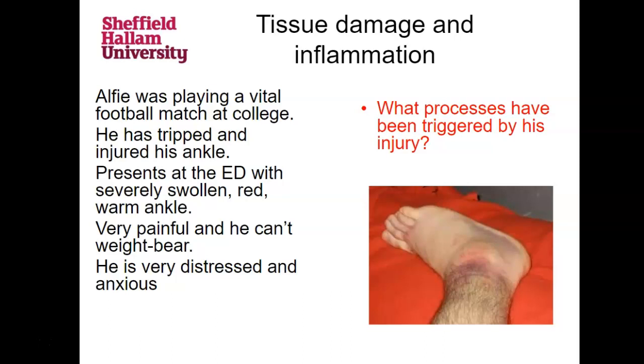So that would indicate to us as healthcare professionals that there's likely tissue damage. So we will have responses from your mechanoreceptors, your nociceptors, and those pathways via the sensory nerve, spinal cord, central nervous system will respond to the injury.